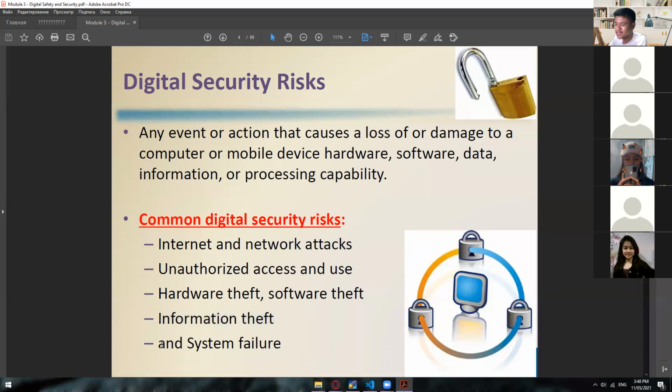And then lastly is system failure, wherein we cannot do anything about this one anymore. For example, if a thunder hits your computer, that's part of the risk. Your hardware, your software, and everything will be destroyed. Another thing is the longevity of your computer itself.